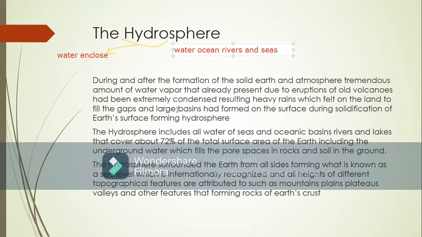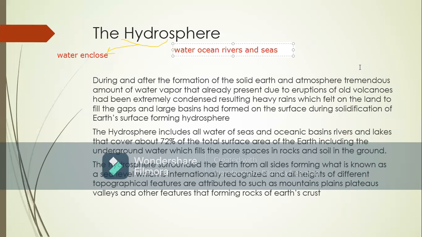So, what is the meaning of hydrosphere? During and after the formation of the solid earth and atmosphere, a tremendous amount of water vapor was present due to the eruption of volcanoes.